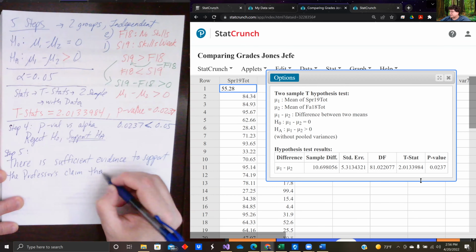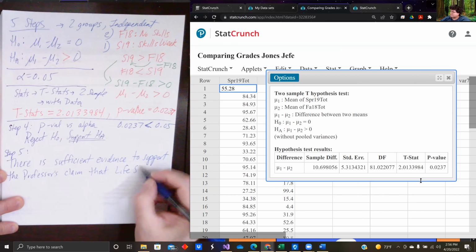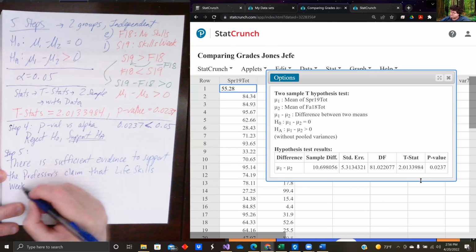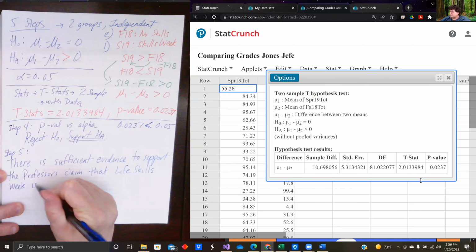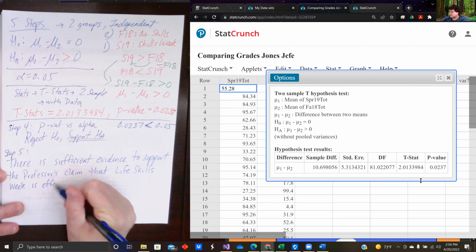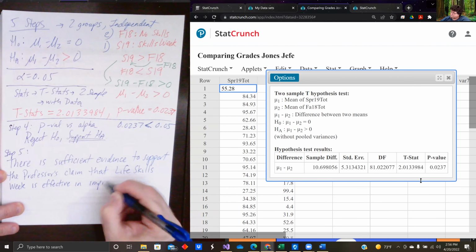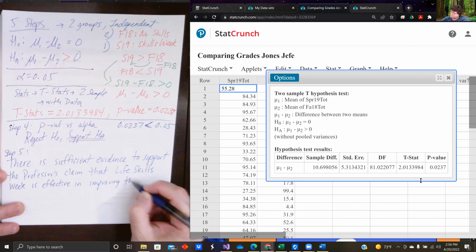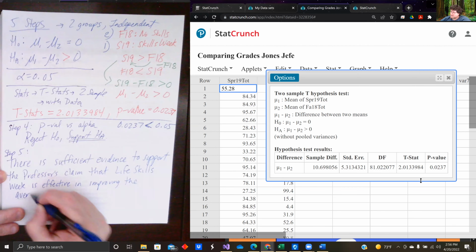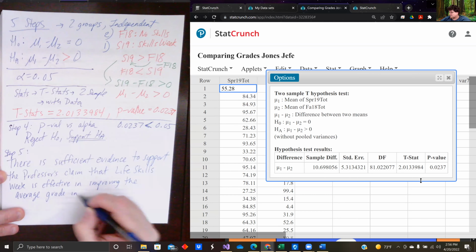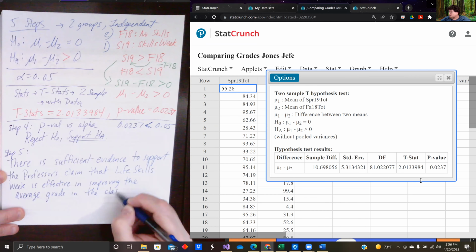That life skills week, since that's what I called it just now, is effective in improving the average grade in the class. I didn't measure individual tests.